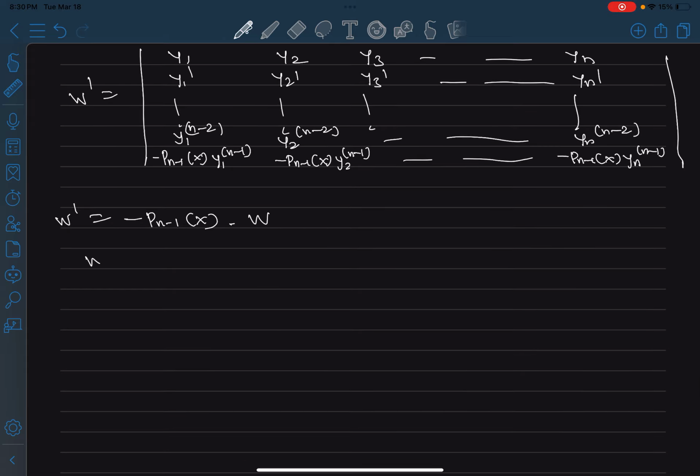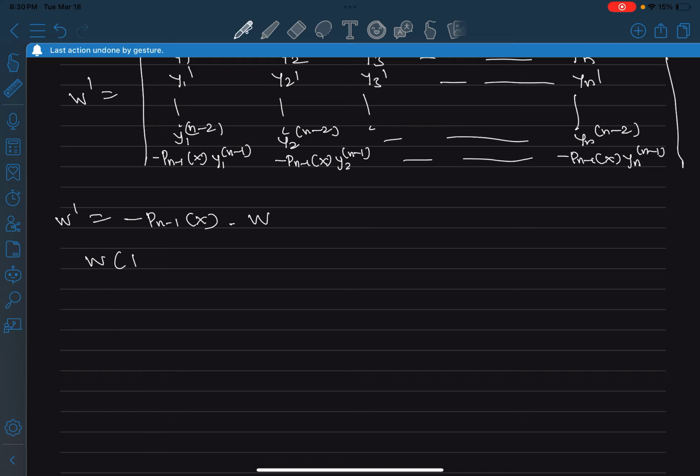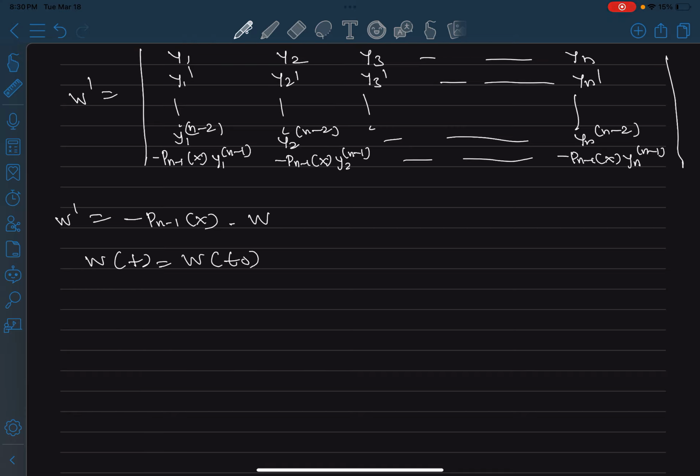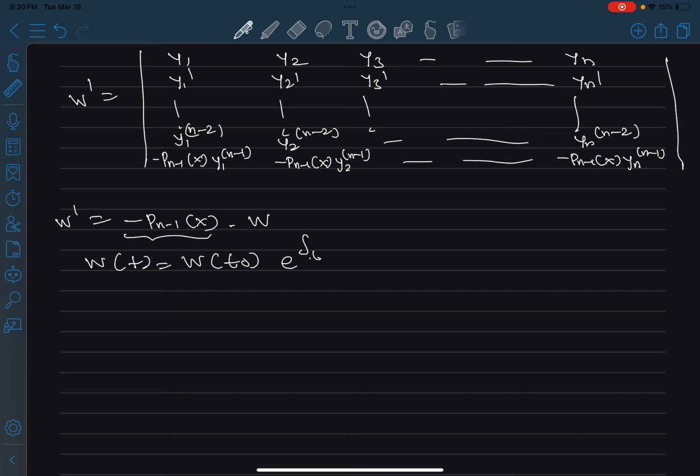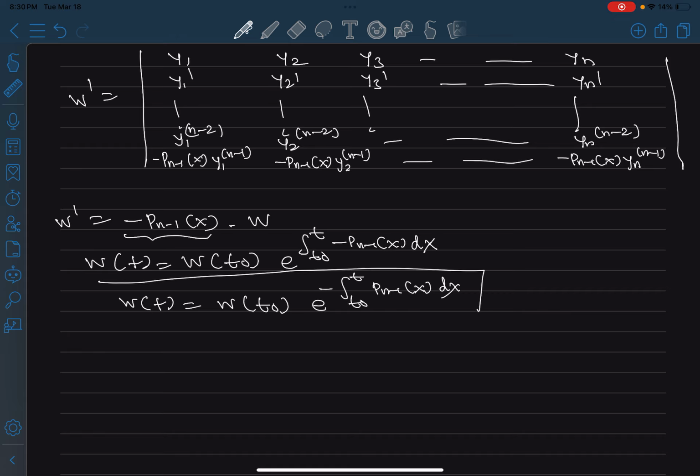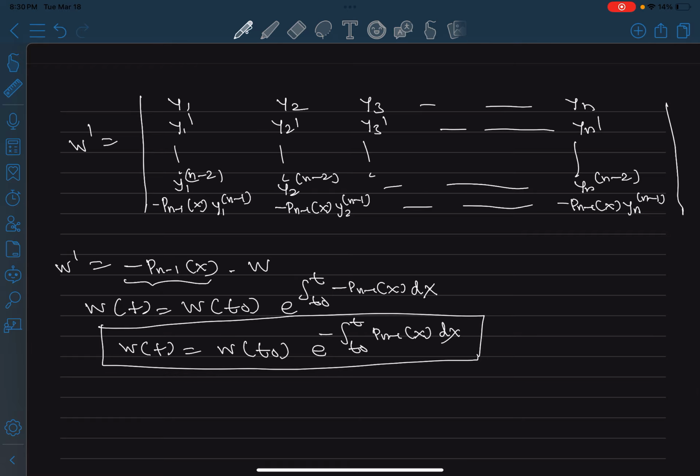That's how we get the Wronskian at t to be equal to the Wronskian at t naught times e to the power of negative integral from t naught to t of pn minus 1 of x dx. And that's how we get this expression for the nth order differential equation.